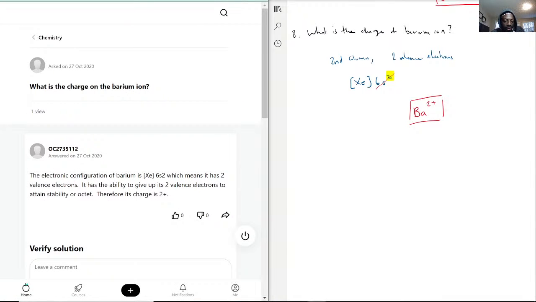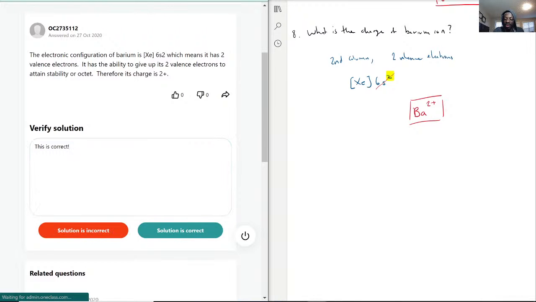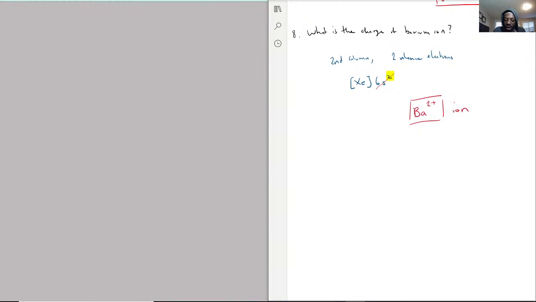Electron configuration is actually what they use here in this question, and it is 6s2, which means it has 2 valence electrons, and then it gives us that 2 to fill the octet rule rather than trying to gain 6 more. Therefore, this charge is 2+. This is correct. So exactly, this is a barium 2+ ion.